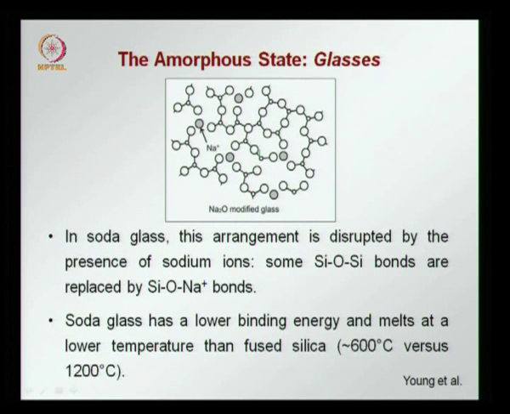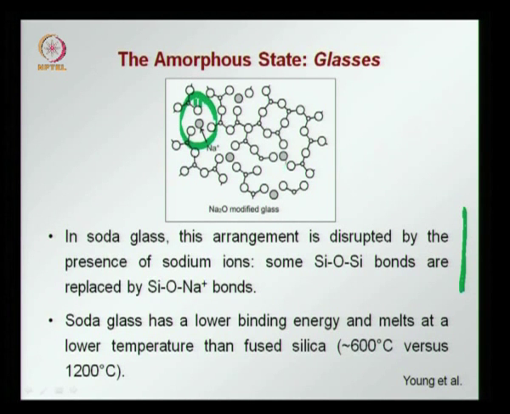On the other hand, in soda glass we have the sodium cations replacing some of the silicon atoms. The arrangement is disrupted by the sodium ions, and instead of the silicon oxygen silicon bond, we have a silicon oxygen sodium bond like you see here.